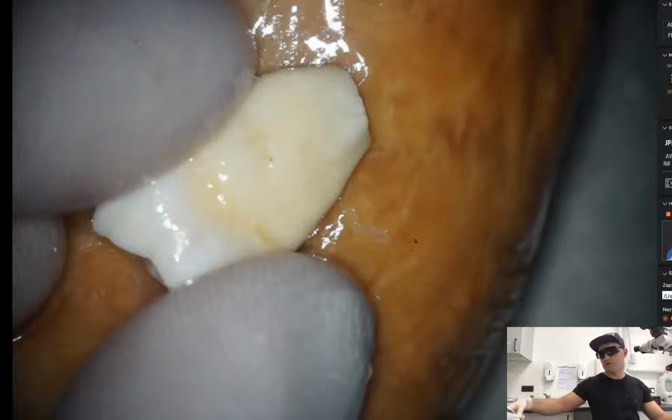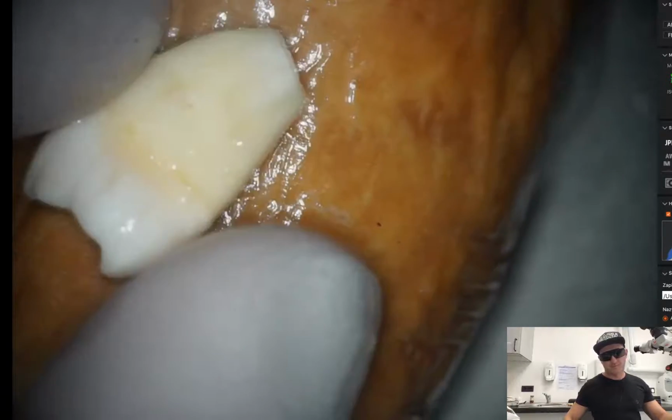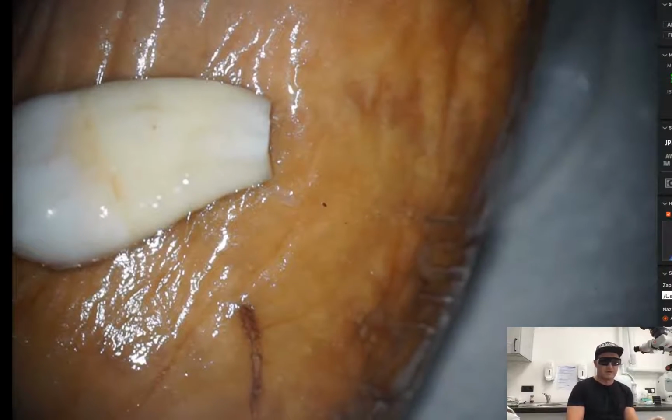Okay, so we were able to go with our apicectomy very fast and very effective and very safe.